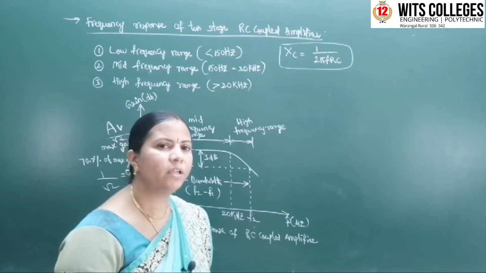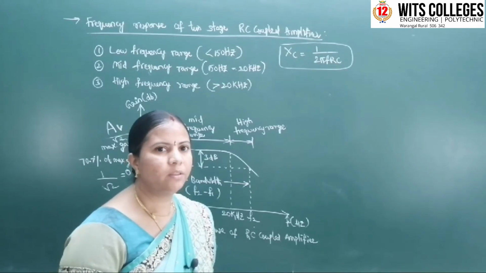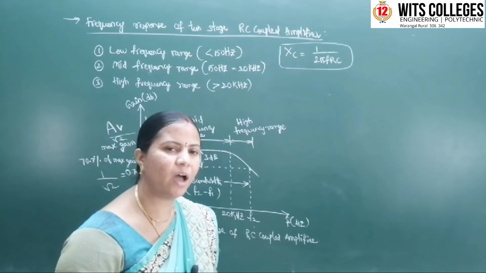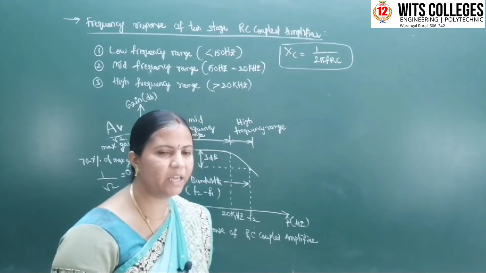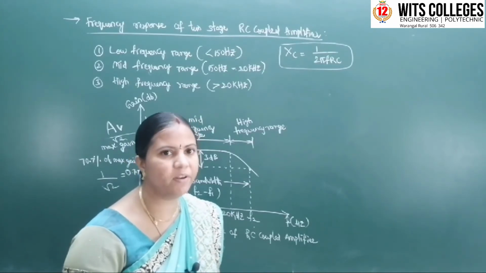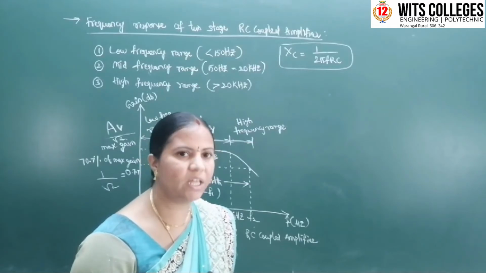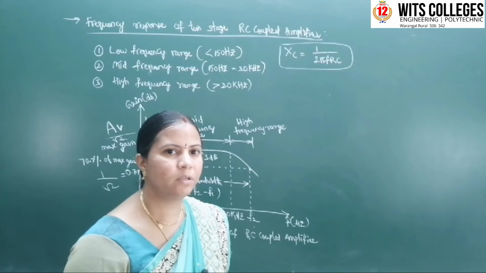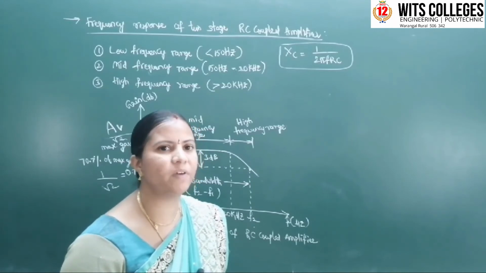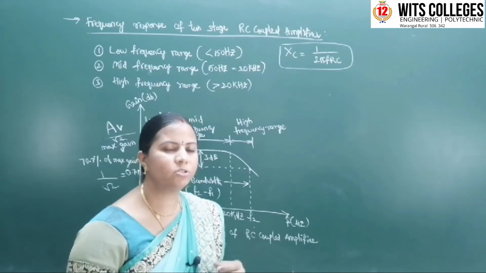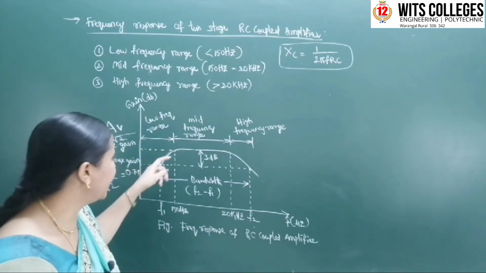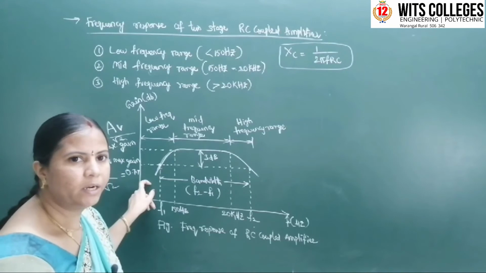And moreover, the emitter capacitor Ce will not shunt the emitter resistor Re, because the reactance is very high. So because of these two conditions, at low frequencies the gain of the amplifier is going to fall.